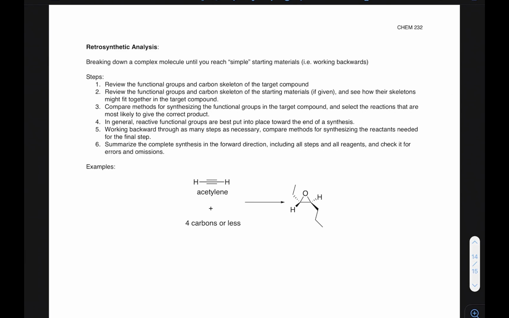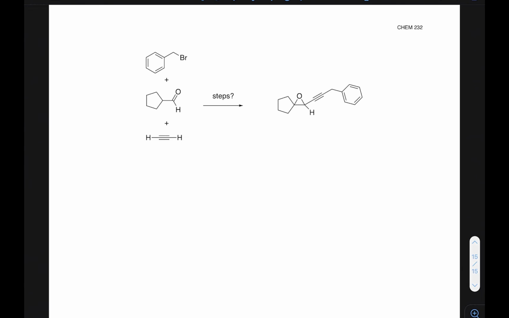One way we can practice, and we'll talk more about this in class directly, is doing retrosynthesis. We did a little bit of this in Orgo 1, depending on who you took it with. But now we're building up this toolbox of reactions, and one thing we want to be able to do is take a starting material and a product and come up with a way to get from one to the other. There are guidelines for doing these retrosynthesis problems, and we'll discuss this more in class, particularly with this problem here.